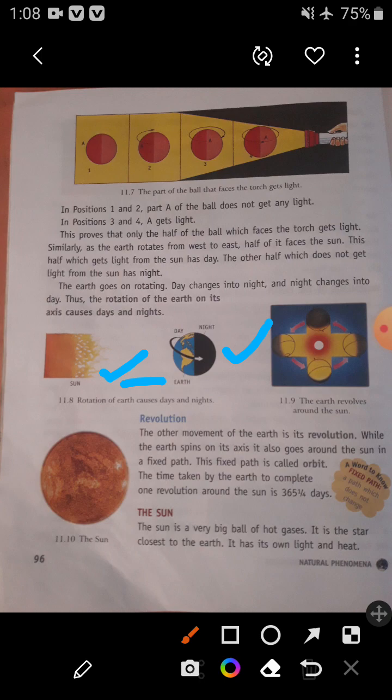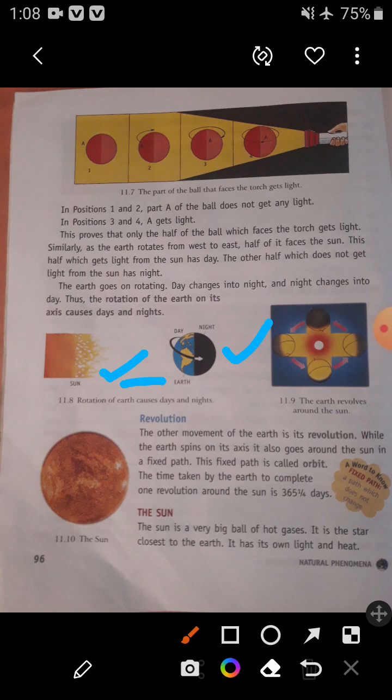Students, the rotation of the Earth on its axis causes day and night, whereas the revolution and the tilted axis of the Earth cause the seasons. So here is a new word, revolution. Here we are going to discuss our new topic, that is revolution.